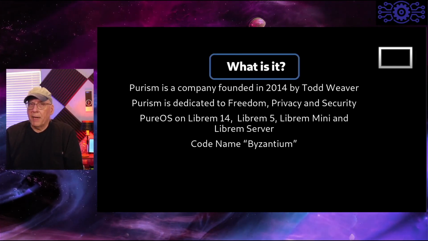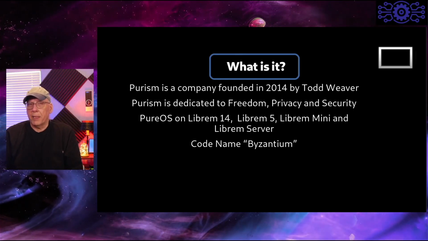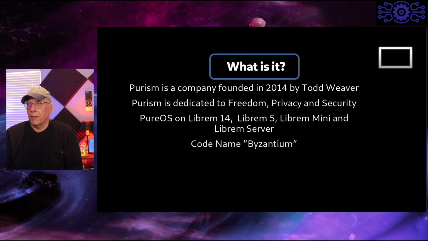So Purism is a company that was formed by Todd Weaver back in 2014. What they wanted to do was to provide a platform for hardware and software that was dedicated to freedom, privacy, and security.